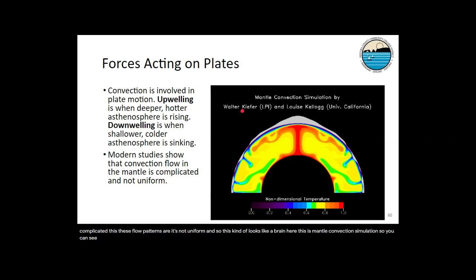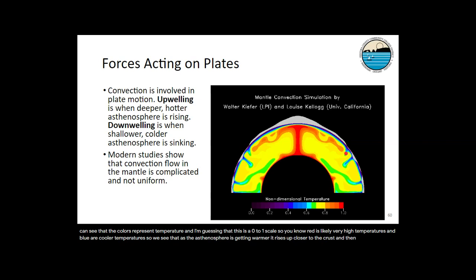You can see that the colors represent temperature. I'm guessing that this is on a 0 to 1 scale. So red is likely very high temperatures, and blue are cooler temperatures. We see that as the asthenosphere gets warmer, it rises up closer to the crust.